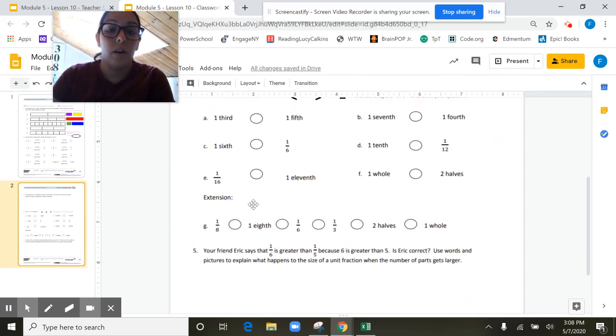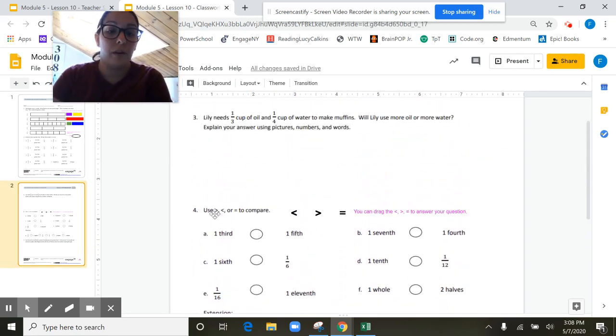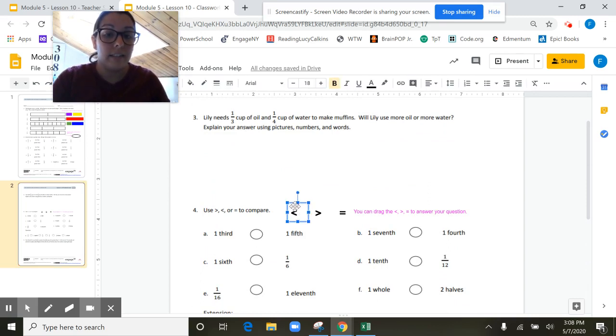Same for this one. For number 4, it says use greater than, less than, or equal to compare. I have them here for you. You just have to click it and drag it in. Like that. So that's all you have to do.